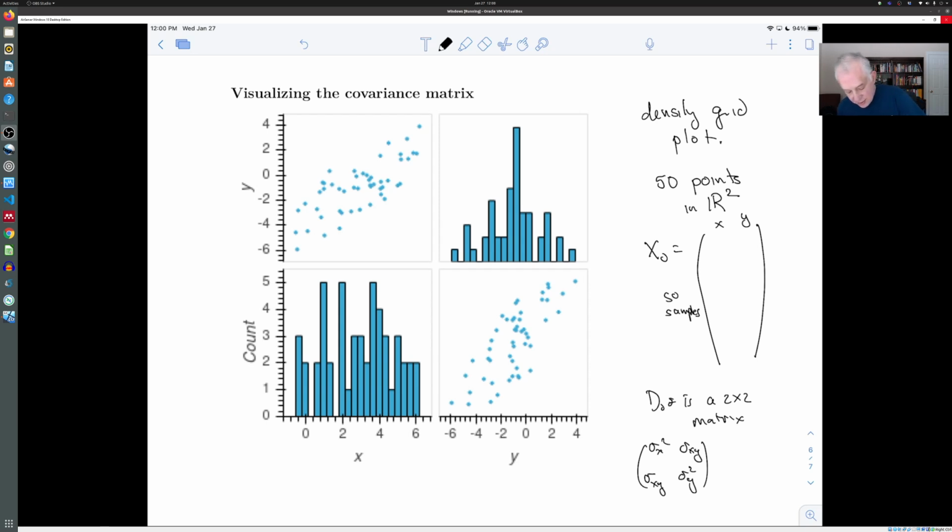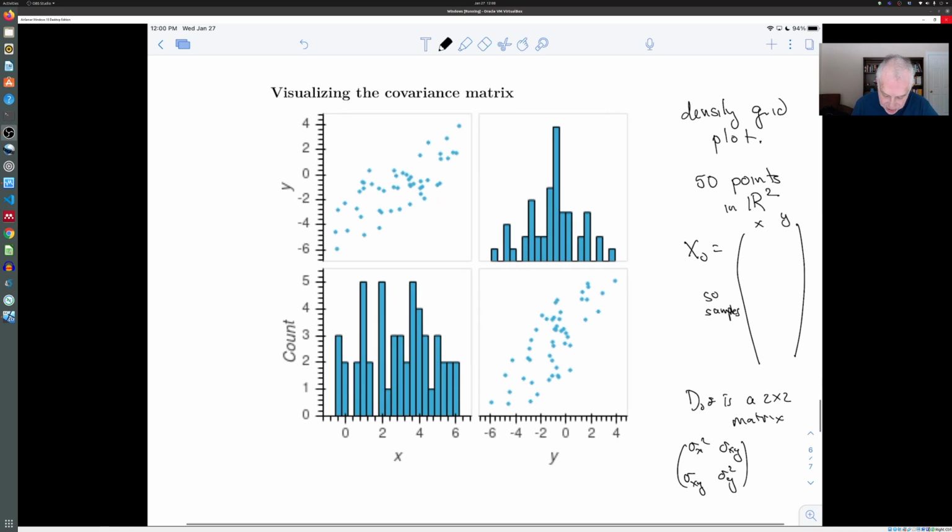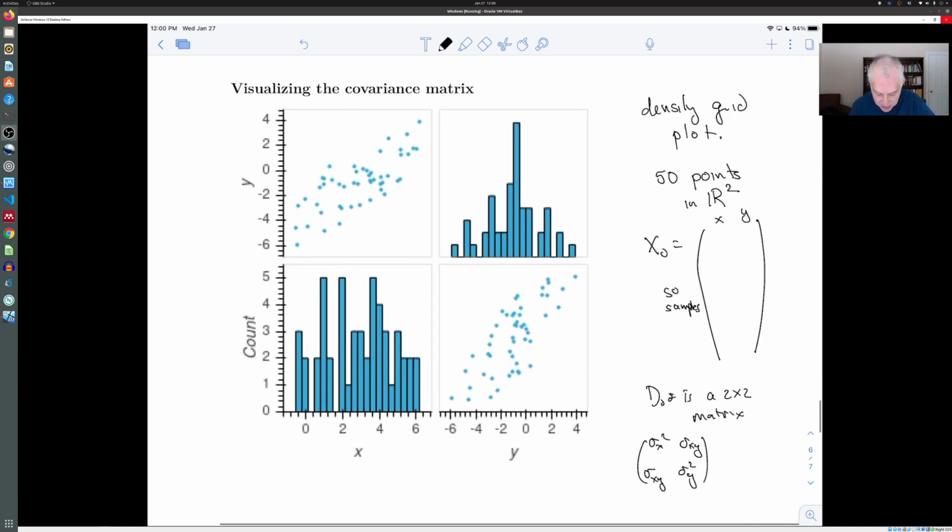And the way we make sense of this is we plot for the diagonal entries, and it's sort of twisted around. So this is a histogram here of x against x. It shows how often each value of x occurs. The height of the bar is how many values of x occur with that value. And the spread in this histogram tells you something about the variance of x. And the spread in this histogram tells you something about the variance in y.